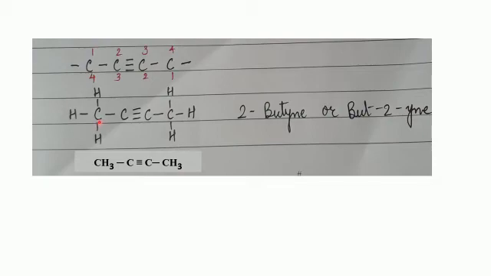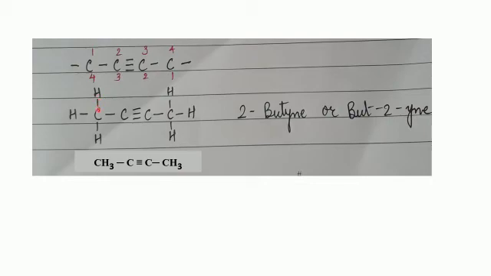Starting with this carbon here, it is forming only one single bond with this carbon. One pair of electrons is being shared here. Still, this carbon is having 3 electrons. So it will share its 3 electrons with the 3 electrons of hydrogen. So between carbon and hydrogen, one pair of electrons will be shared.